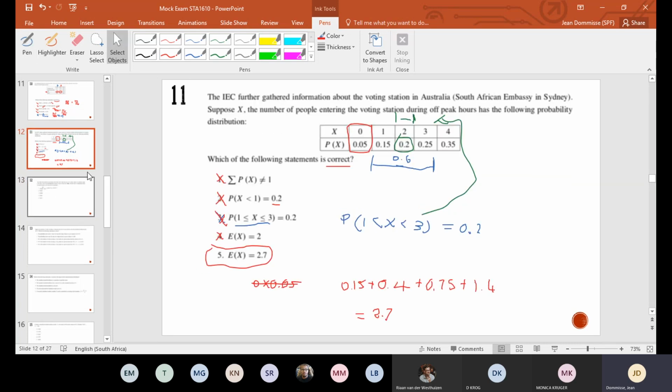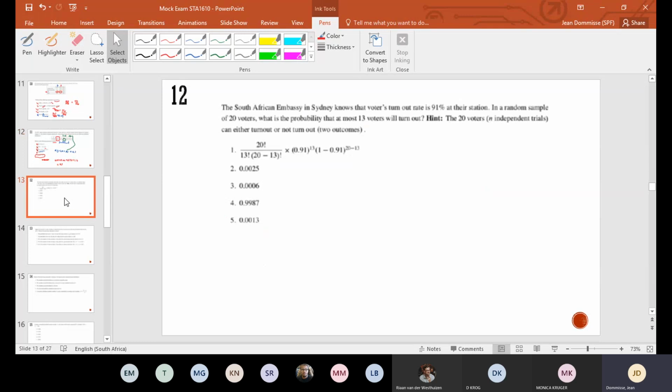Okay, happy with that kind of questioning as well, because I think this is nearly the way that it will be in the exam for this type of question. So that was your normal discrete probability. Then this was an interesting one, the binomial.